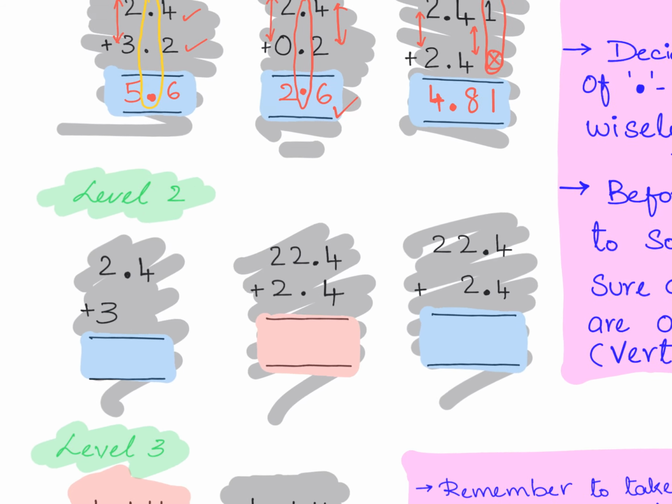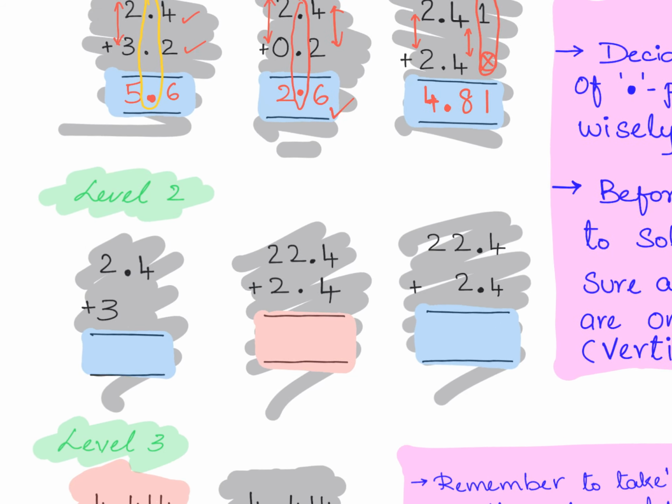Moving to the next level, here we got 2.4 that is to be added to 3. One is decimal, the other one is integer. So in the last column we have only 4 and we have nothing over here, we consider it as 0. So 4 and 0 gives 4. Now coming to the other part, 2 and 3 gives rise to 5.